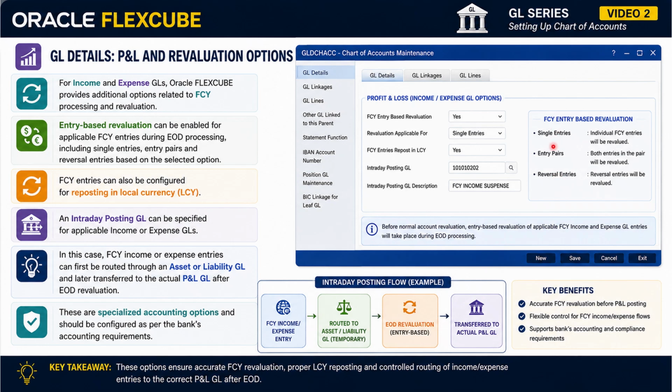FCY entries can also be configured for reposting in local currency. An intraday posting GL can be specified for applicable income or expense GLs. In this case, FCY income or expense entries can first be routed through an asset or liability GL and later transferred to the actual P&L GL after end-of-day revaluation. These are specialized accounting options and should be configured according to the bank's accounting requirements.